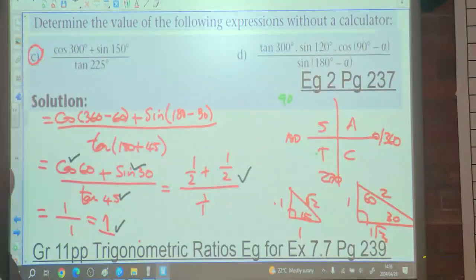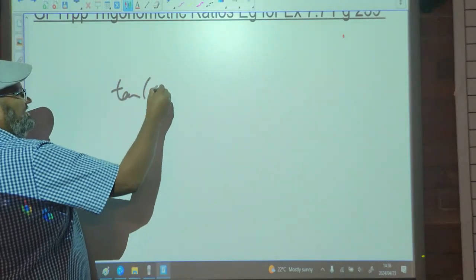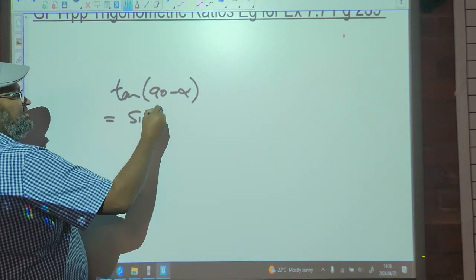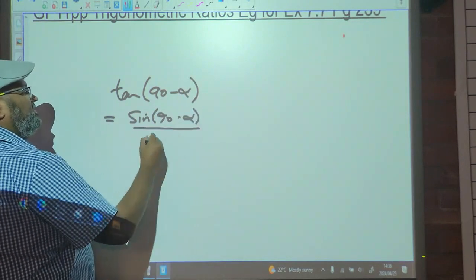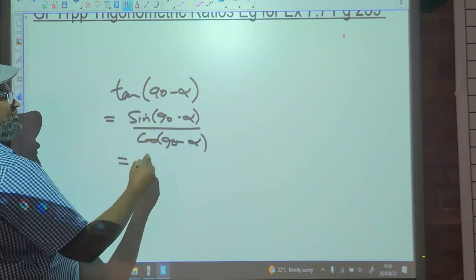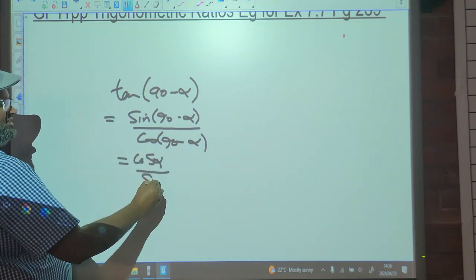Otherwise, what you could have done as well is just use the fact that tan of 90 minus alpha is going to be sine of 90 minus alpha over cos of 90 minus alpha. So that takes you to the first quadrant, which is cos alpha over sine alpha.